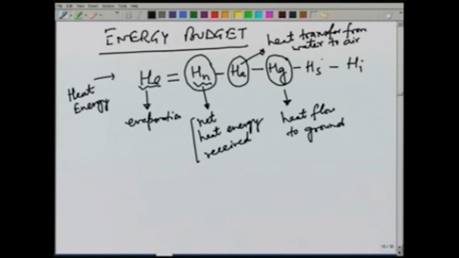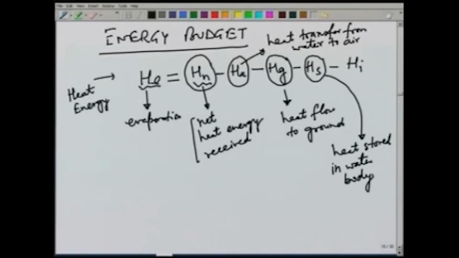The two other losses or heat transfers, one is storage, so there is some heat out of the total net radiation. Some of the heat will be stored in the water body, and then there is some part which is advected through water.